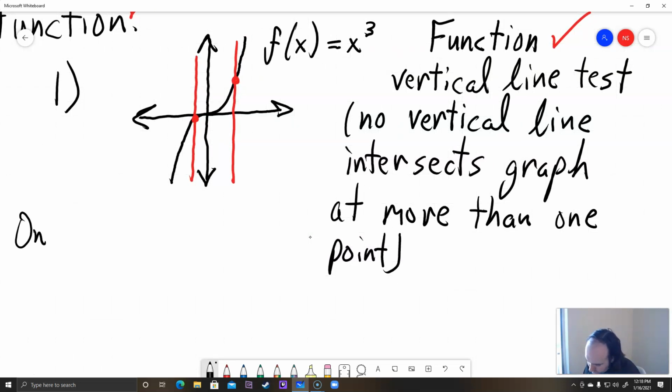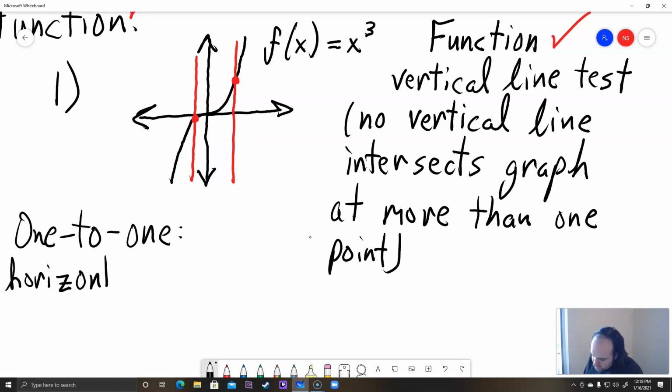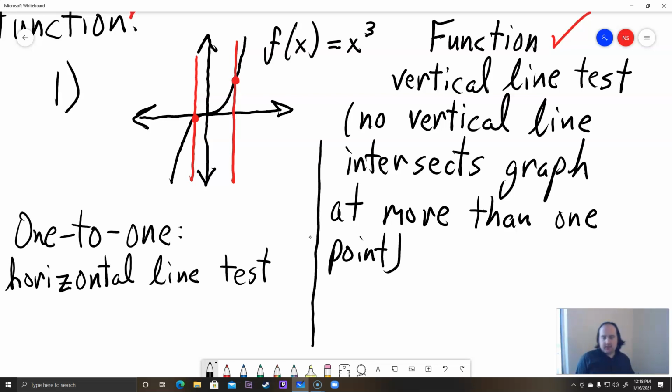To determine whether it's one-to-one, we have to use what's called the horizontal line test. The horizontal line test is basically identical to the vertical line test. The only difference is instead of looking at every single vertical line and making sure no vertical line intersects the graph at more than one point, we're going to be using horizontal lines and asking ourselves the same question.